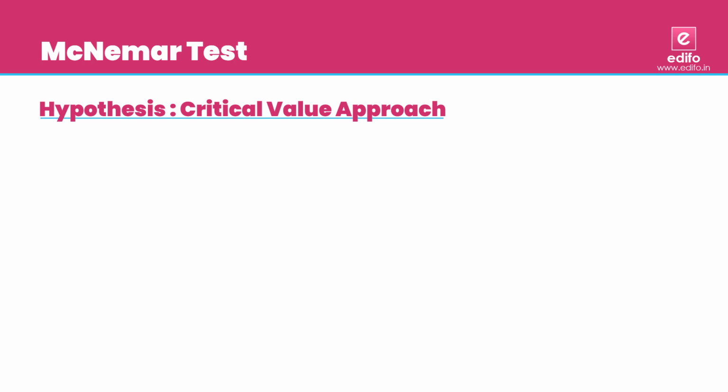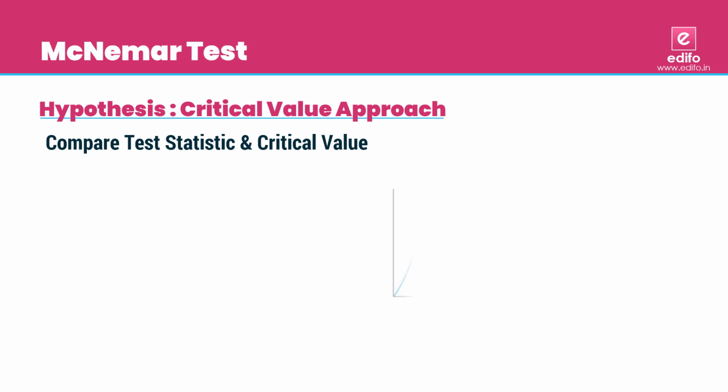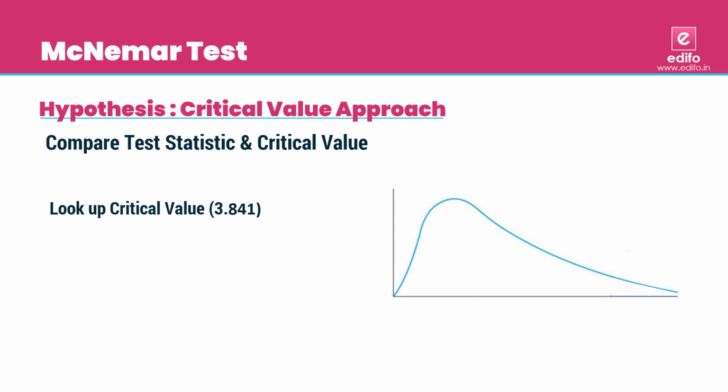Now the critical value approach. First of all, we need to compare the test statistic, here the McNemar chi-square value, and the chi-square critical value. This is a chi-square distribution. Here our chi-square critical value is 3.841.